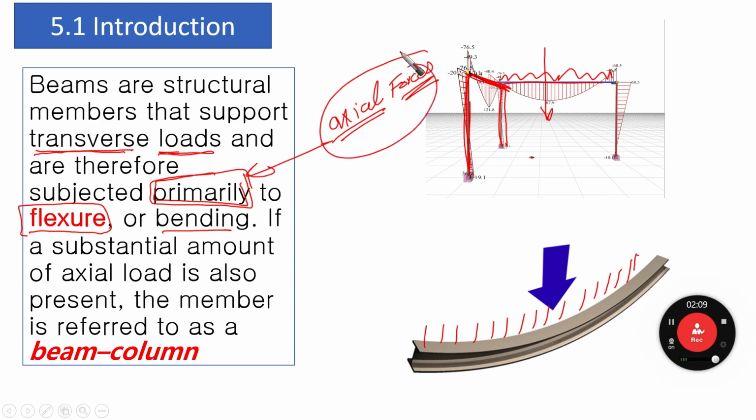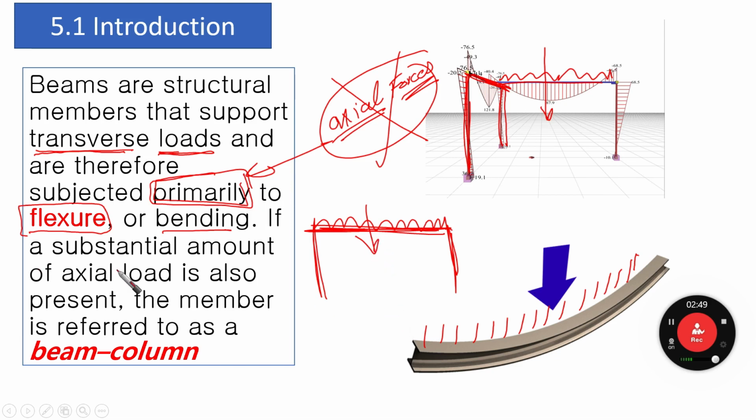We are going to neglect any axial forces, because there is no single element that does not have axial forces. But if it is negligible to the level that we can neglect it, then we claim that this element, for example a beam, primarily supports transverse loads, and is therefore subjected to flexural or bending behavior.